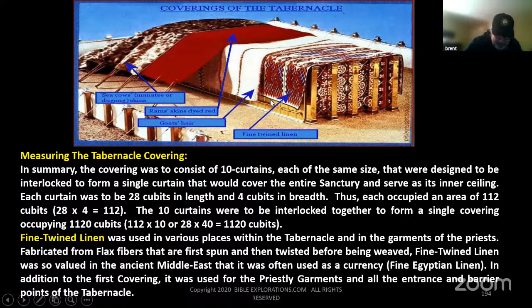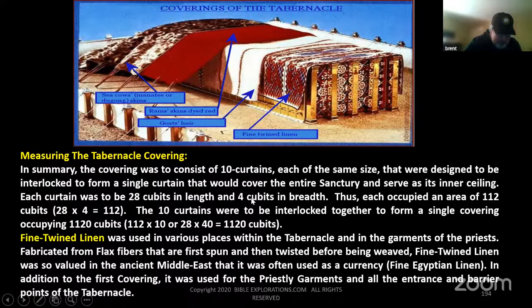So it's just shy. If the other coverings were removed, you would just see the silver sockets, and then you'd see the covering. Quite a different view from the inside, though, which I'll show you next. But then you have the second covering, then the third, and then the fourth. And so they kind of veil the beauty that's inside it.